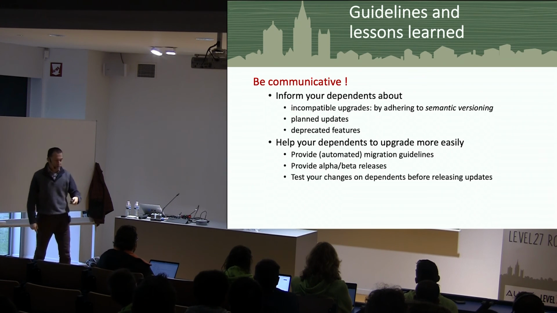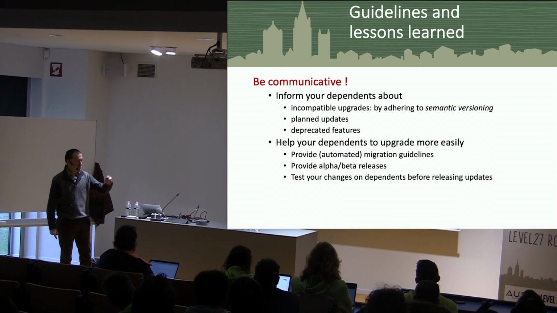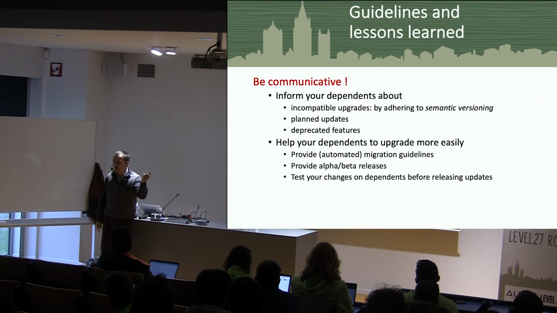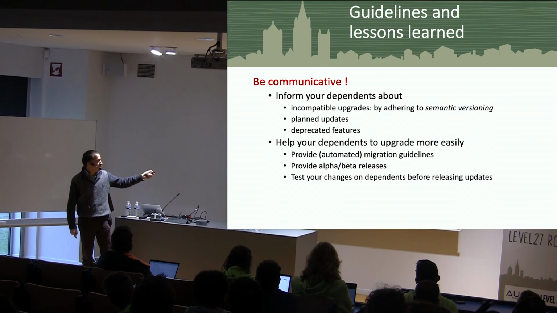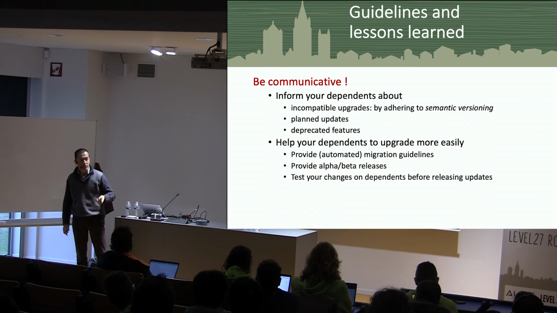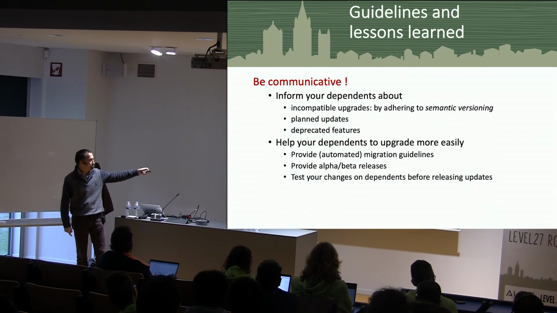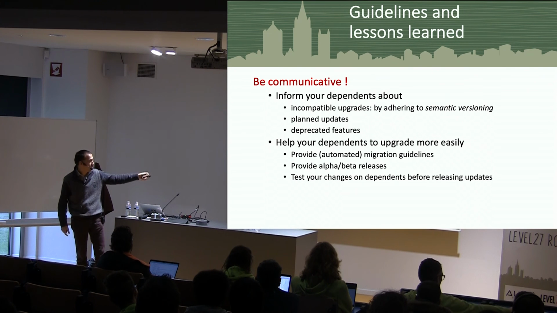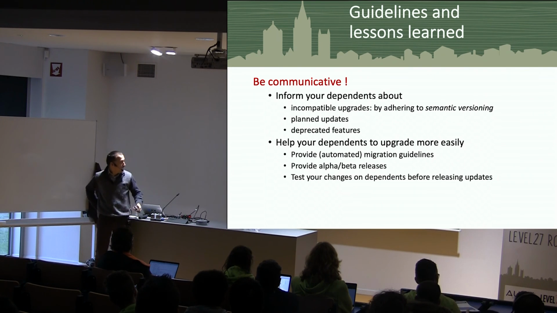If you're developing packages that have dependents, so that people depend on them, then you should try to be as communicative as possible. Whenever you are planning a new update of your package, you should plan your updates ahead. You should inform your dependents that there is a new major or minor version coming up, and that some features in the new version will be deprecated. You can use the deprecation features of your favorite programming language for doing this.